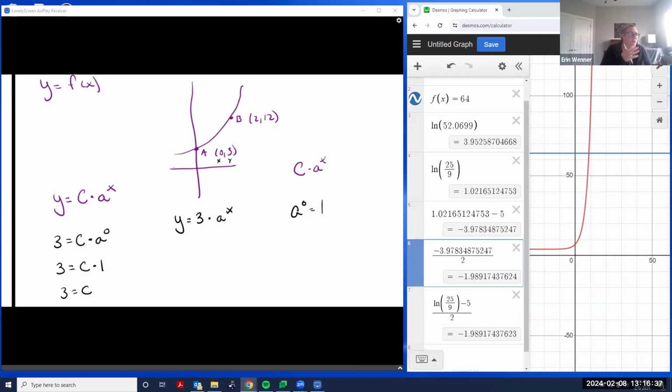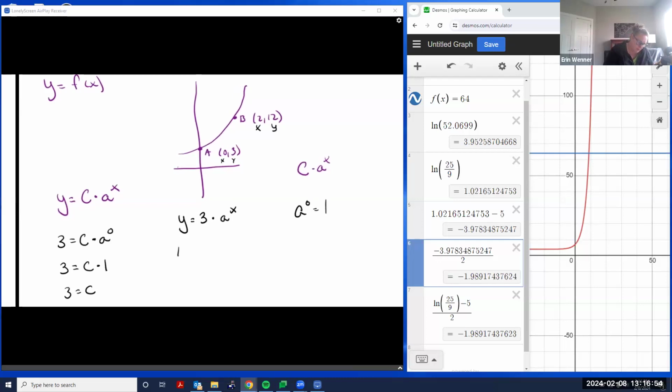So once we solve for that, now we can work on using the other ordered pair, right? This is another x and another y value. So if we plug those in, we're going to have 12 equals 3 times a squared.